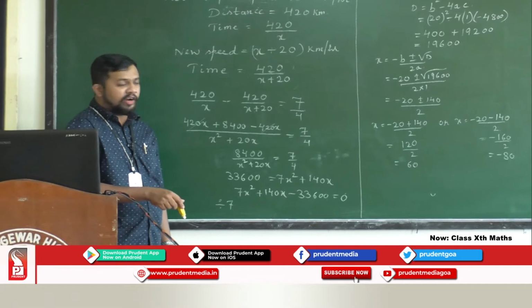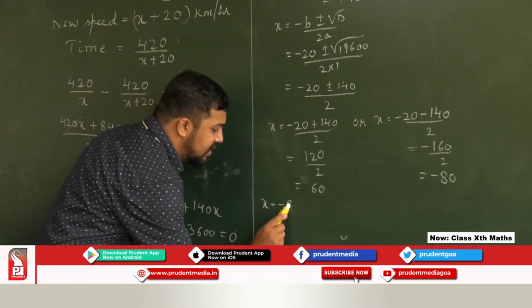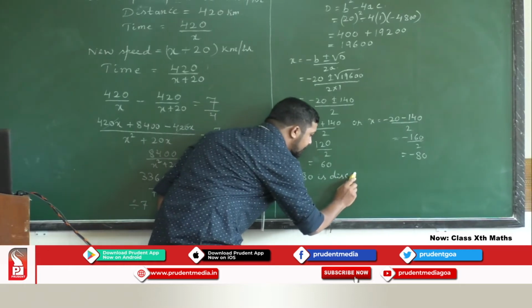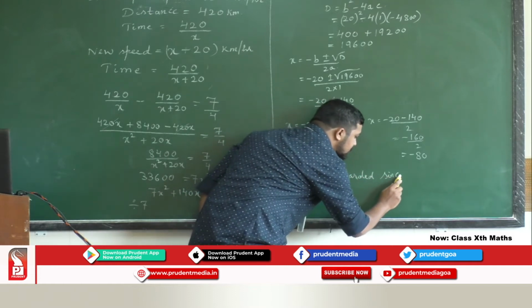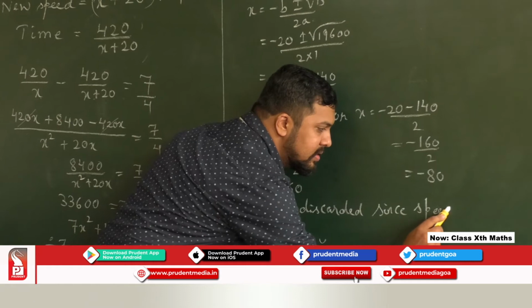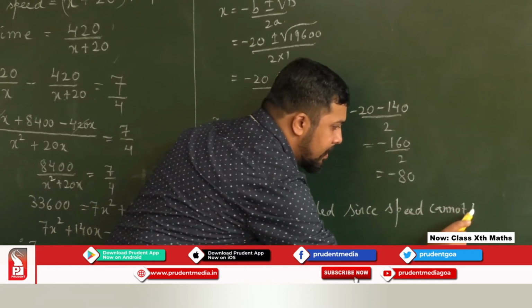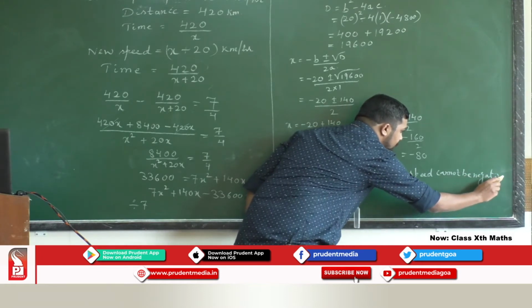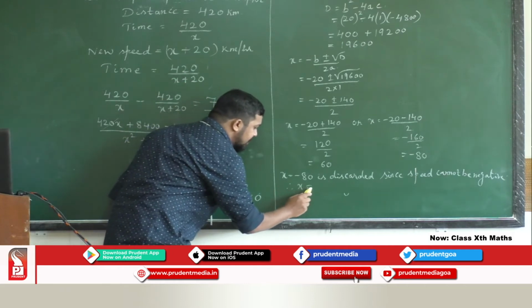Now, we know we have to discard one thing. So, which one will we discard? x equal to minus 80 is discarded, since speed cannot be negative, and therefore, x will be 60.